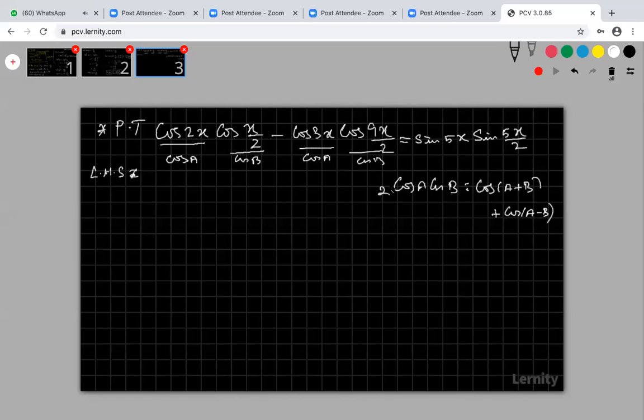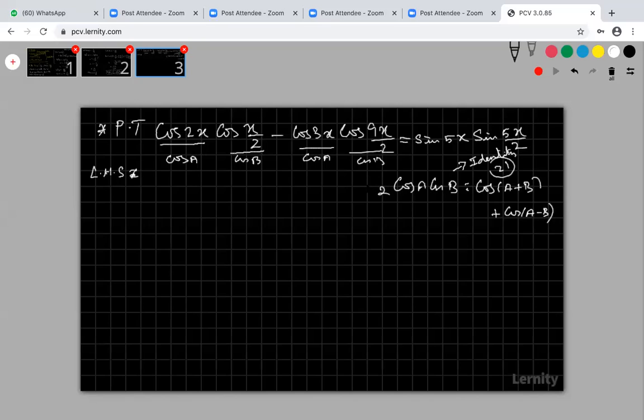Do you know this identity? Please see identity number 21. 2 cos A cos B is cos of A plus B plus cos of A minus B. I'm going to apply this same formula here.